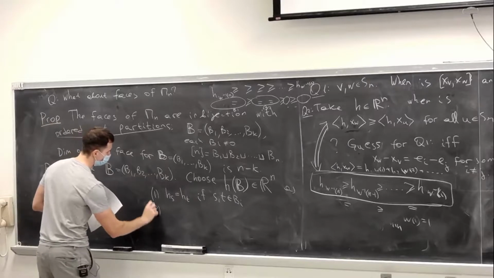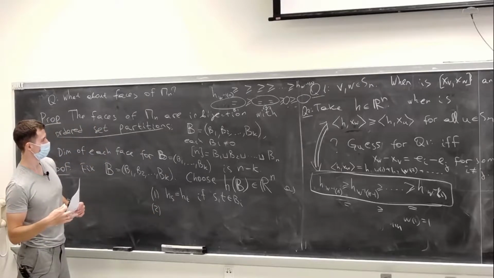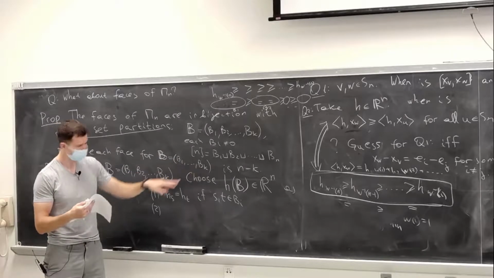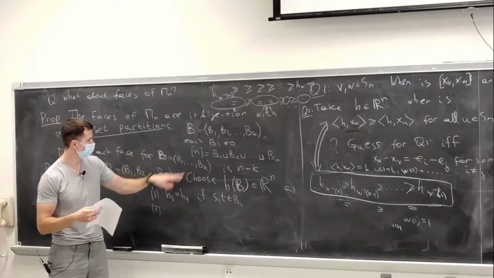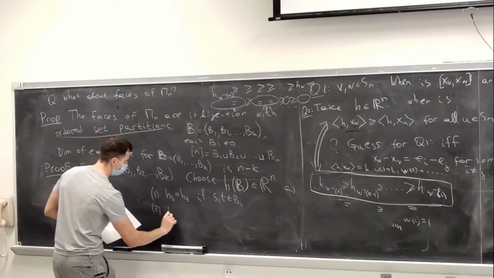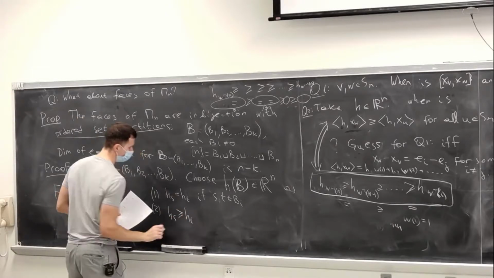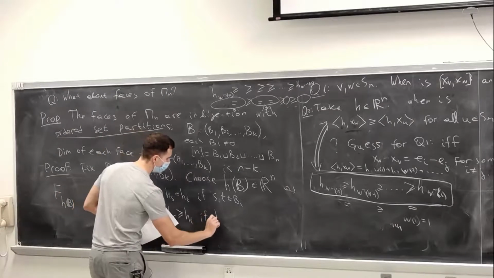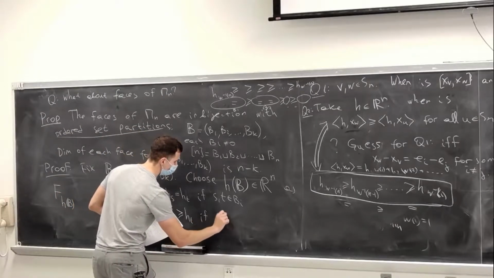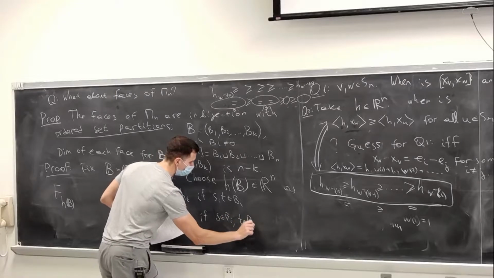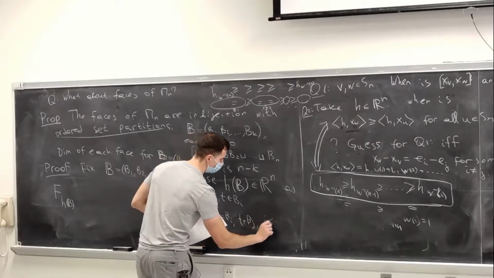And then I want the coordinates to be ordered. I want the coordinates in B1 to be bigger than, or let's say less than, yeah, let's do bigger. So h_s is non-strictly bigger than h_t if s belongs to B_i, t belongs to B_j, and i is less than or equal to j.